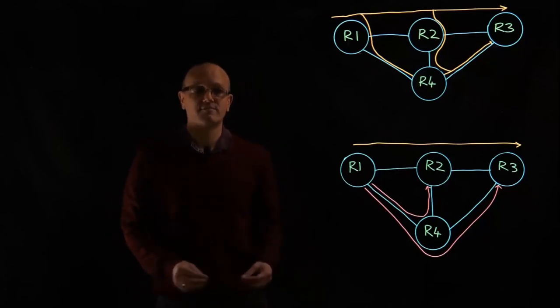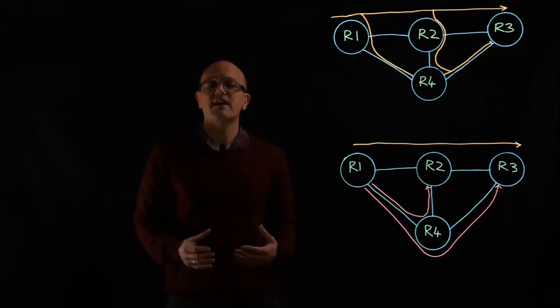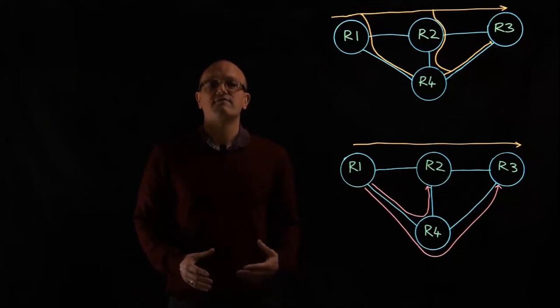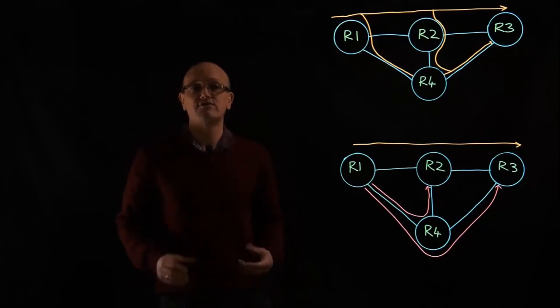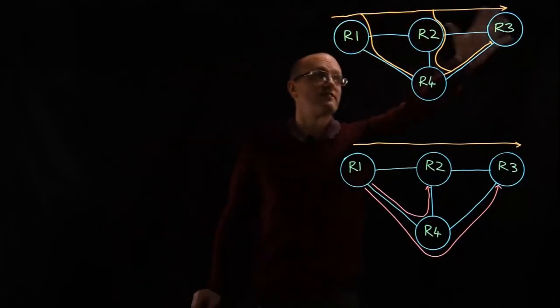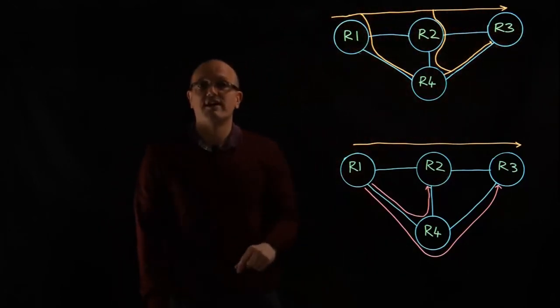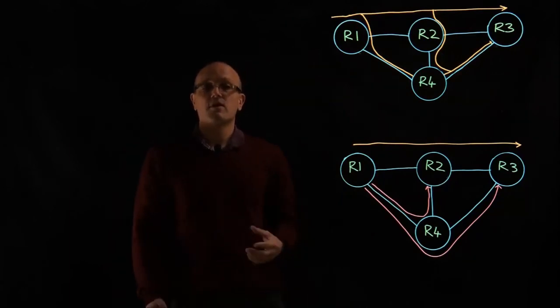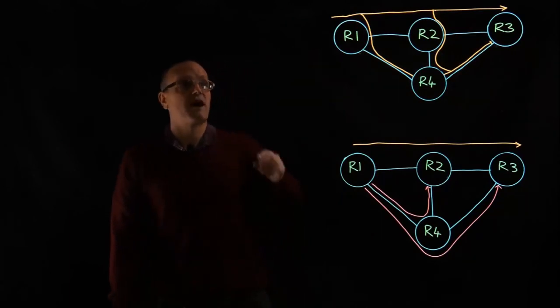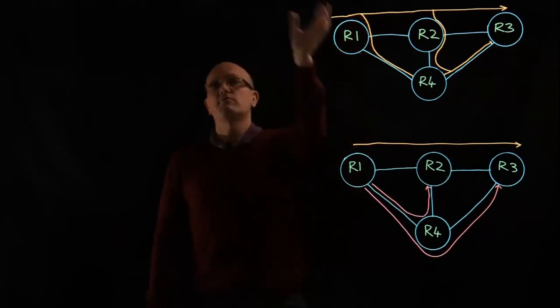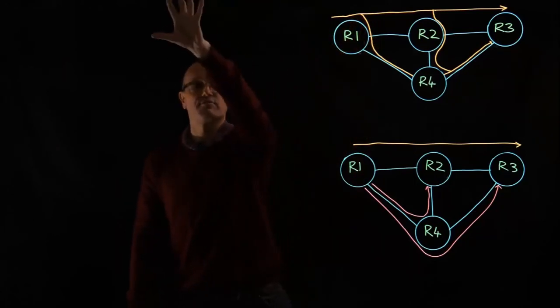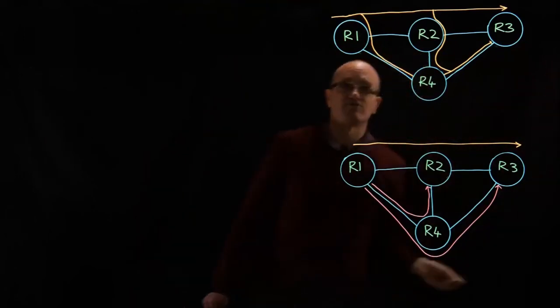So with that said, let's look at the two main flavors of fast reroute that we get within RSVP. The first is fast reroute detour, illustrated on the top right hand side of the board. We have the main LSP flowing from some router further upstream to some router further downstream.